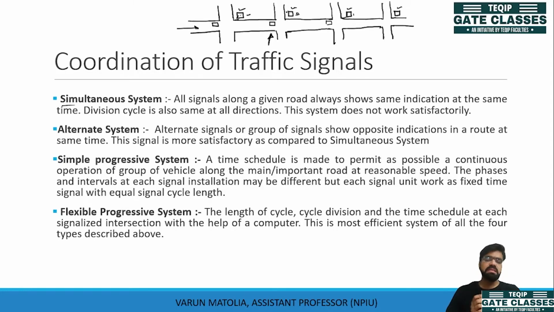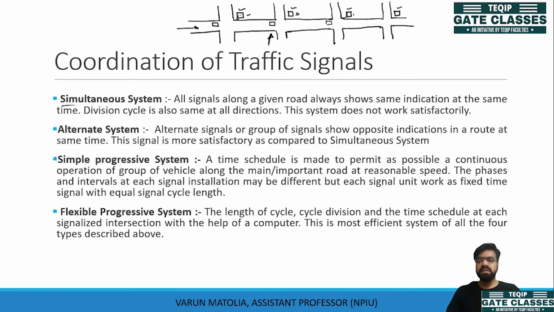So this system works comparatively better as compared to the simultaneous system. In the simultaneous system, you are not allowed to move quickly through a series of intersections. But in this system, you are provided with an arrangement which can reduce your waiting time or red time on alternate intersections.